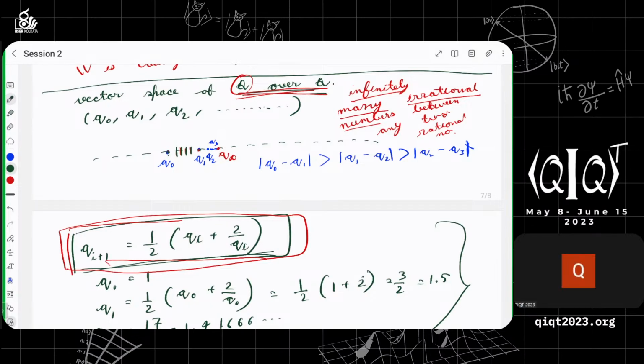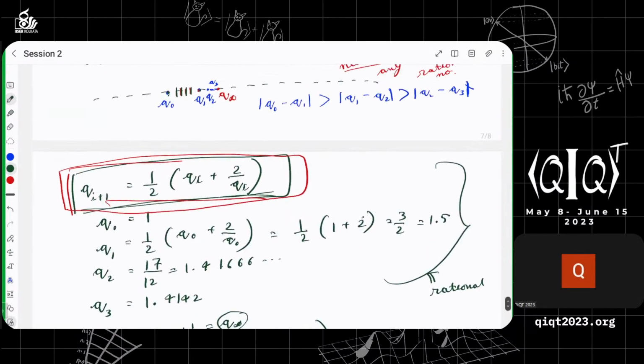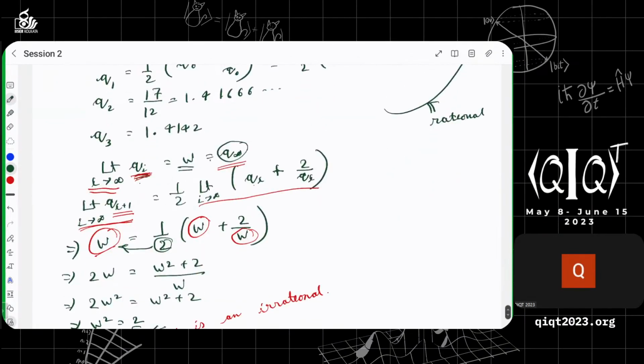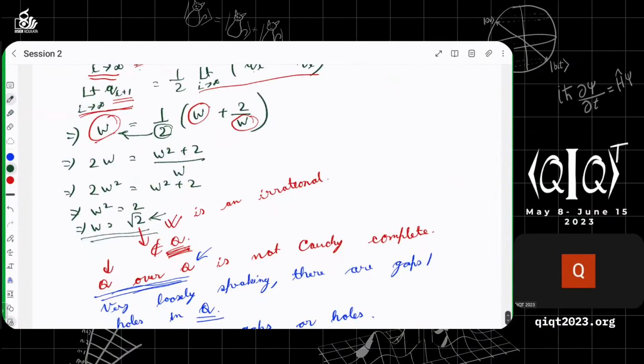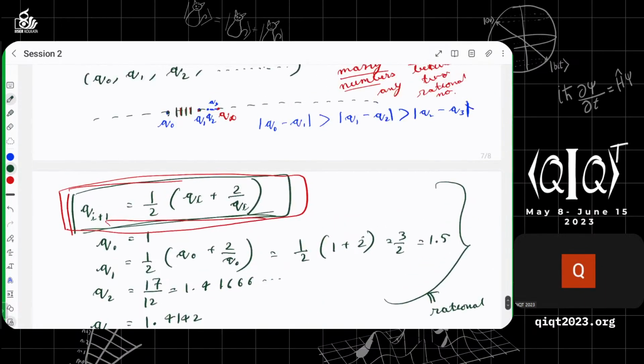Okay, so basically you can say that there are holes or gaps in the Cauchy sequence sense of the term, with this definition that the limit of the Cauchy sequence is going out of the space. If the limit is going out of the space, then there are certainly some gaps or some elements missing from that space.